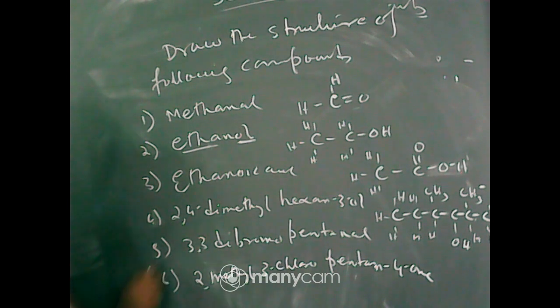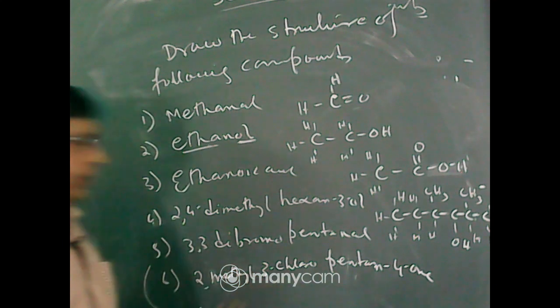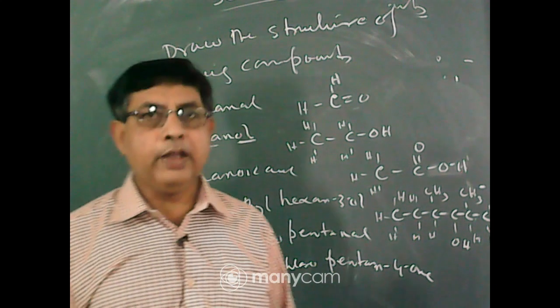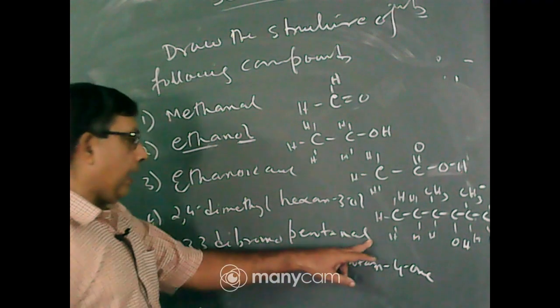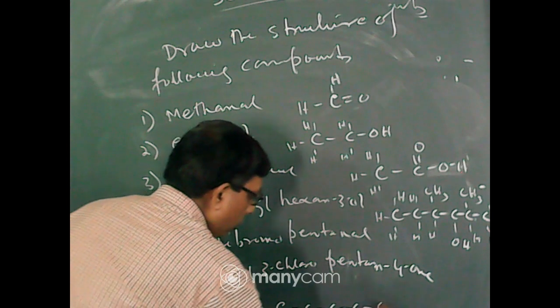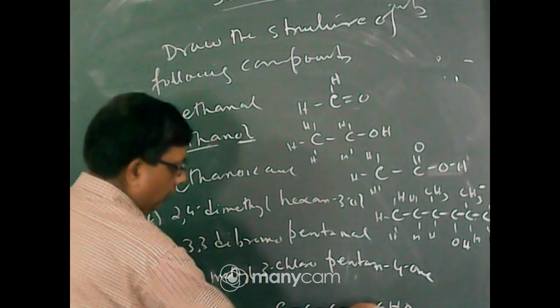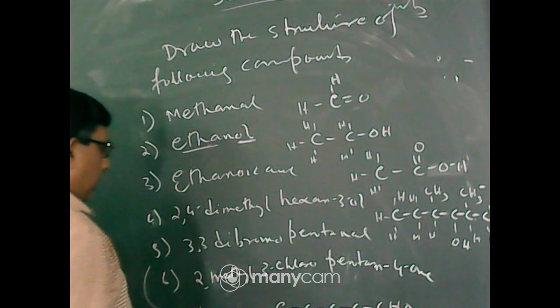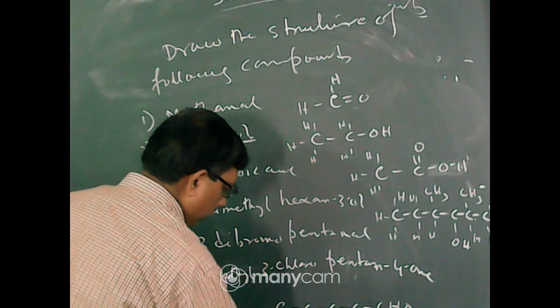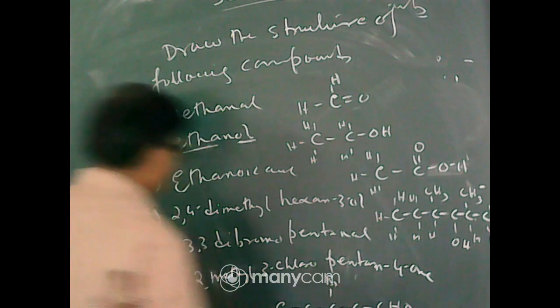Now next, 3,3-dibromopentanal. Pentanal means how many carbon atoms? Pent, what is the root word? Pent means 5 carbons, and al is the aldehyde group. So 1, 2, 3, 4 and 5 the aldehyde group. Now 3,3-dibromo: 1, 2, 3, here 2 bromines are present, here bromine and here bromine.